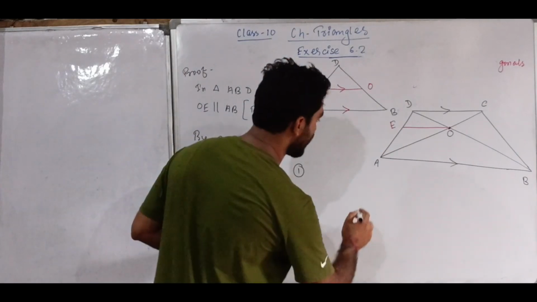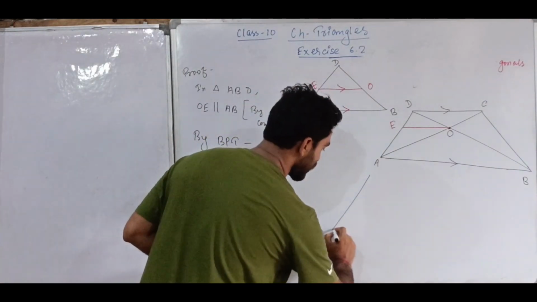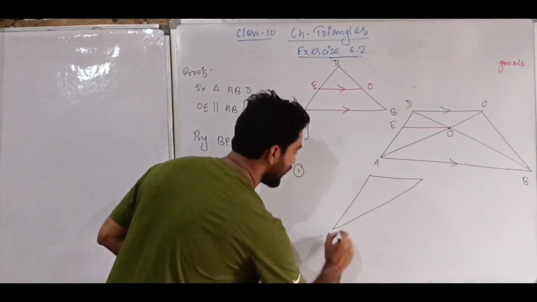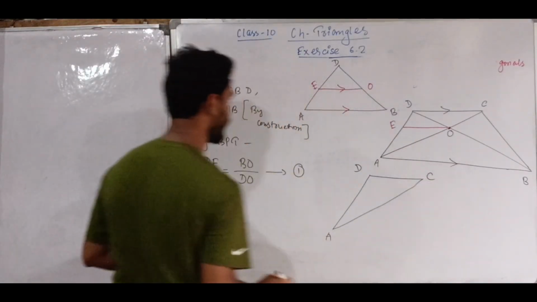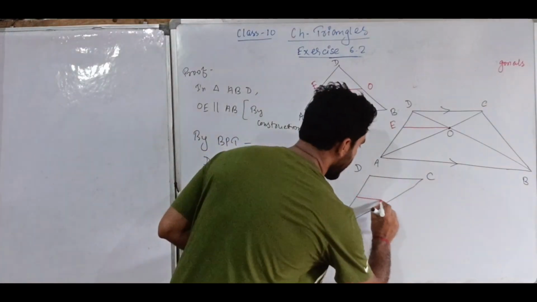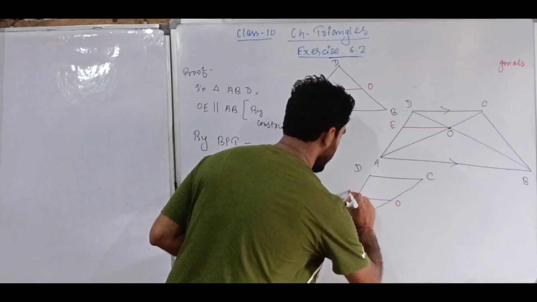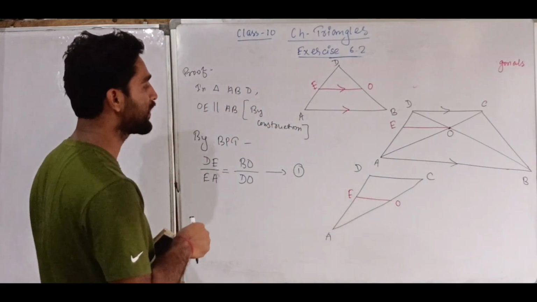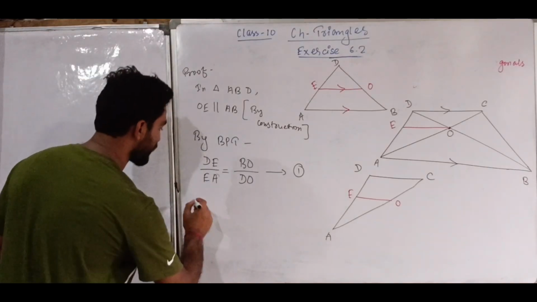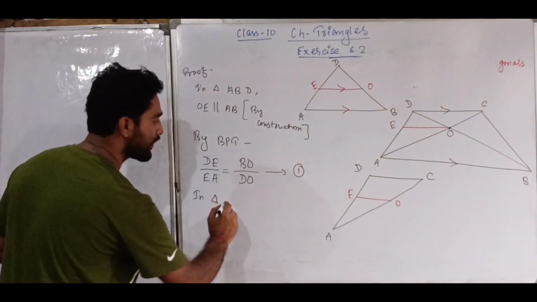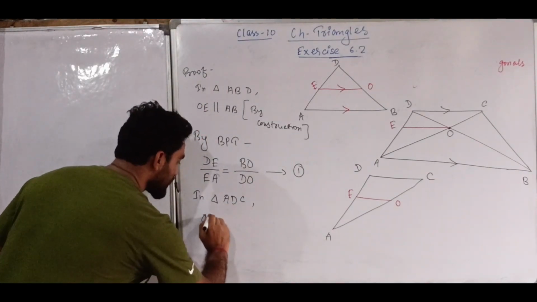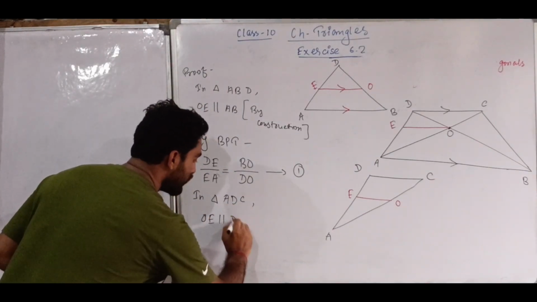Again, we can consider another triangle. See, the triangle name will be ADC, and this one we have constructed, this OE. So see, in triangle ADC, in this triangle also we can say this OE is parallel to DC.